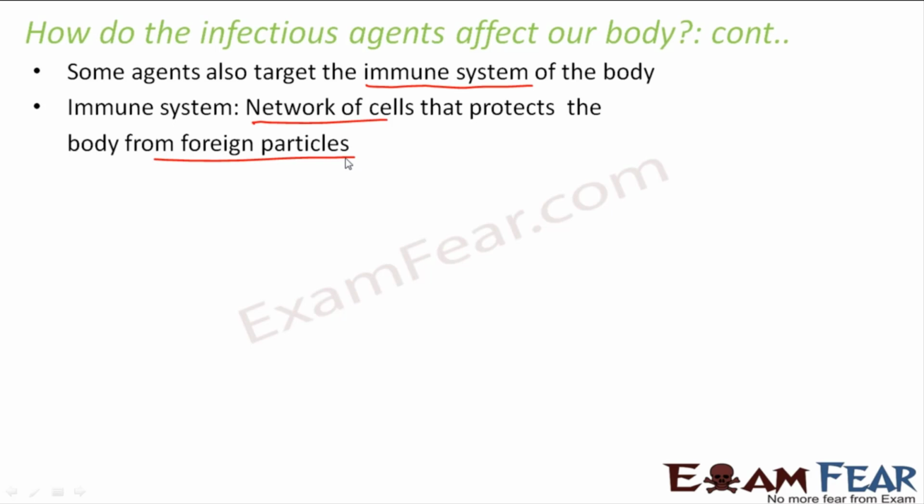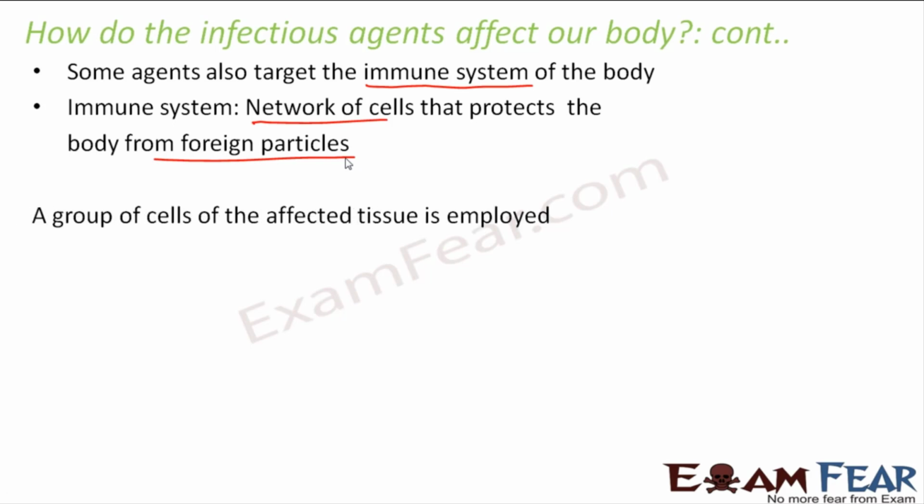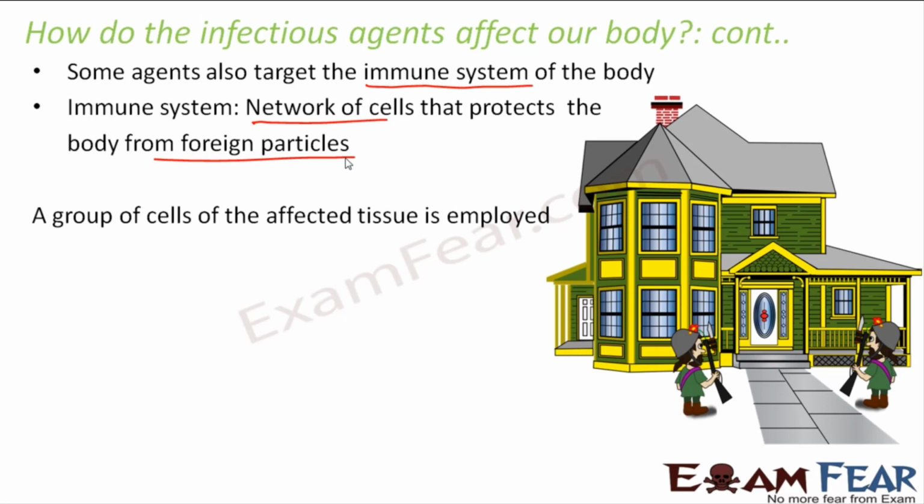Now, let us look at this example in order to understand the immune system. Let us suppose that this beautiful house is yours and you have employed these security guards to ensure that your house is safe and secure from thieves and robbers, right? So these two security guards are the protectors of your house.